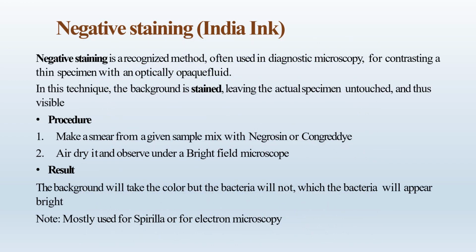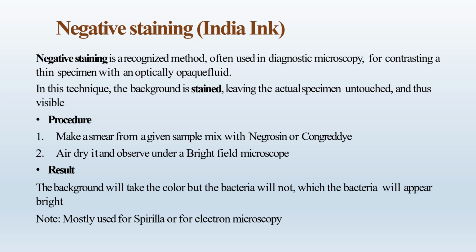Next type of staining is negative staining or Indian ink. This is a method that is used in diagnostic microscopy. In this technique, the background of the slide is stained while the actual specimen would be untouched, and that would be visible then.